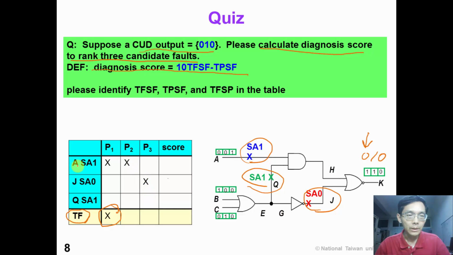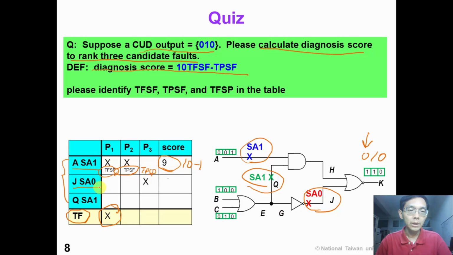Now we compare the test failure with 3 simulation failure. For A stuck at 1, this is TFSF. For P2 is TPSF. For P3 is TPSP. So the total score is 10 minus 1, which is 9.